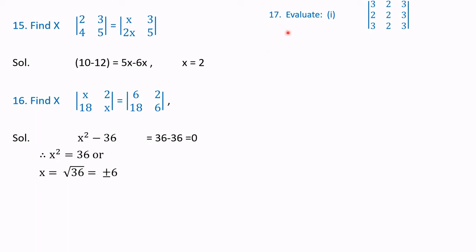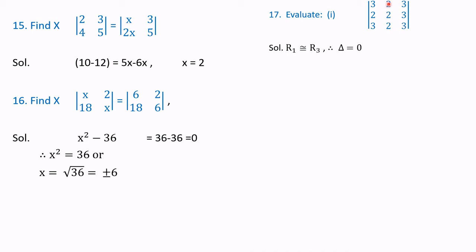Evaluate. Number 1 under that is the determinant 3 2 3. First row 3 2 3, second row 2 2 3, third row 3 2 3. We have to find the value of the determinant. So here you see row 1 is 3 2 3, and similarly row 3 is 3 2 3.